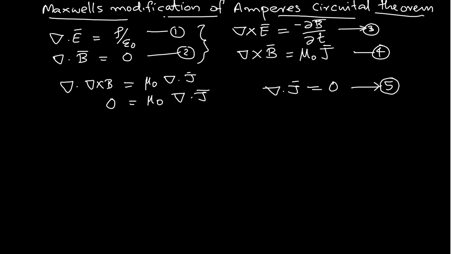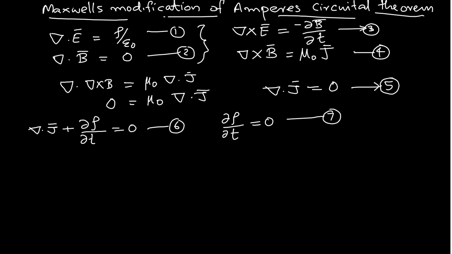According to the continuity equation, del dot J plus dou rho by dou t equal to 0. Comparing equations 5 and 6, since del dot J is equal to 0, this term is equal to 0.